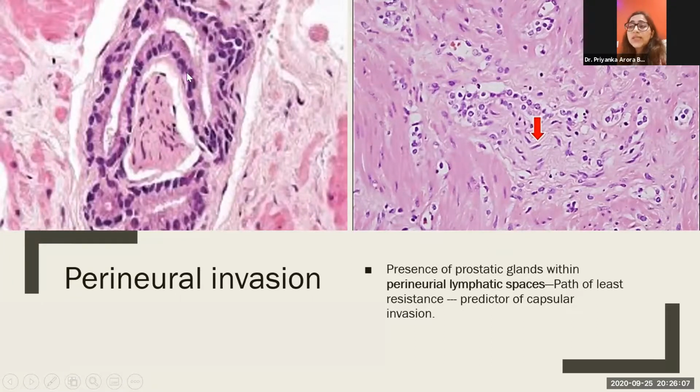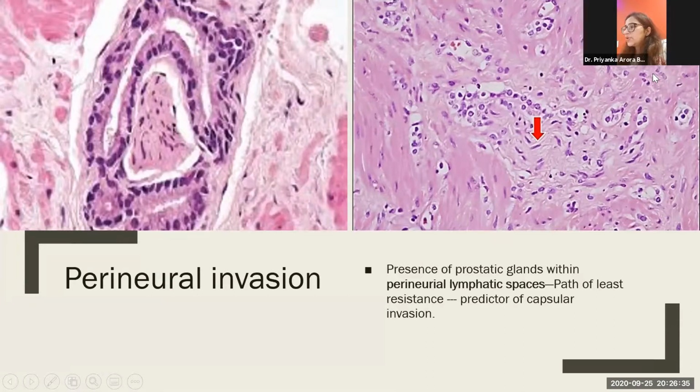Now, just a gland indenting into the nerve does not make it a perineural invasion, because that is commonly seen even in benign tissue. To call it perineural invasion, there should be circumferential engulfment of the nerve bundle.